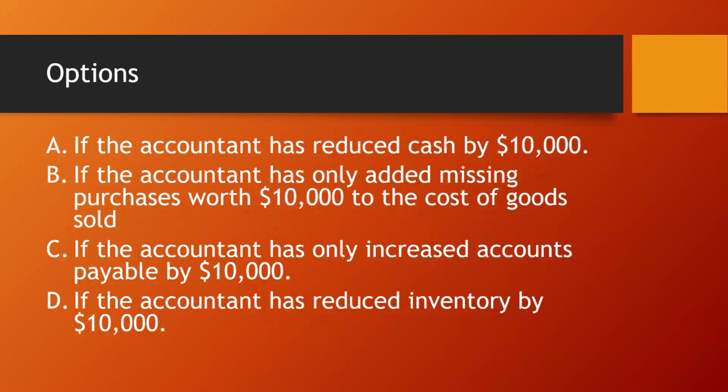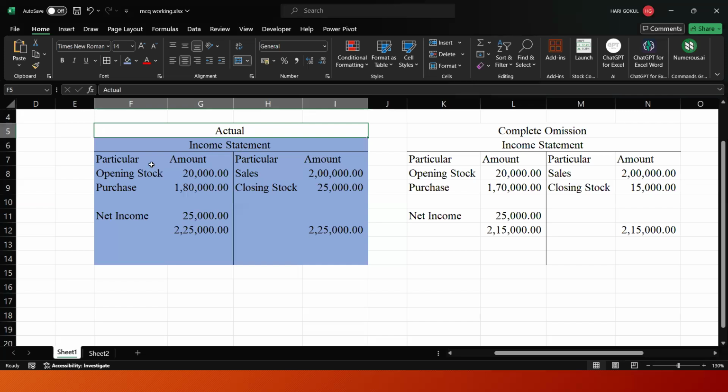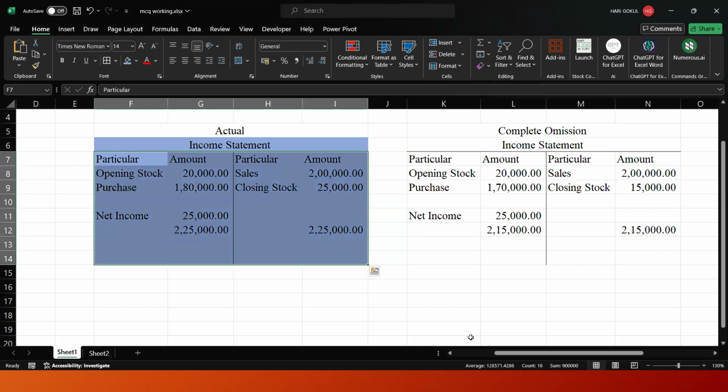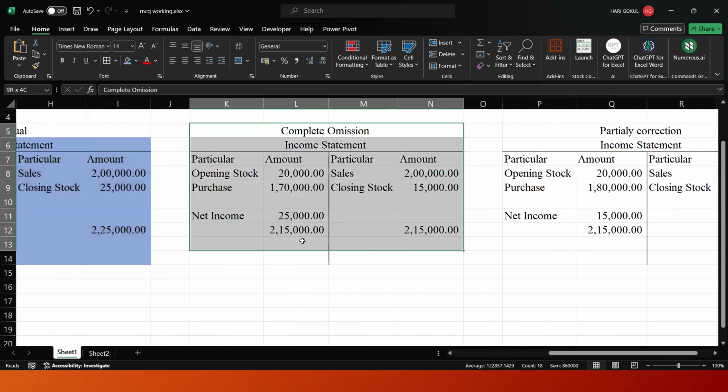So let me show the Excel. I think it's visible. Yeah, it's visible. In this situation, if you look at the actuals, this is what happened if they haven't missed the entry. This is how the entry will look.